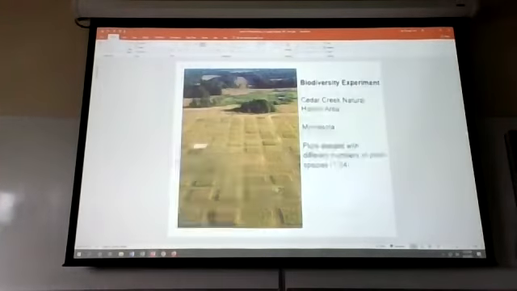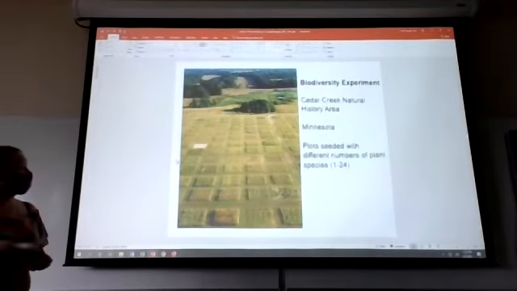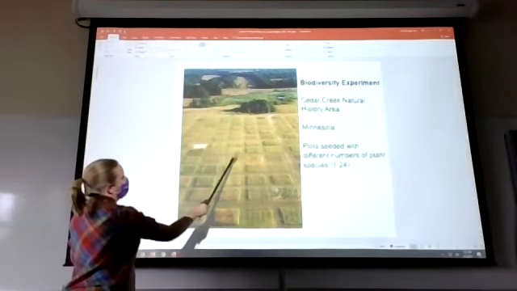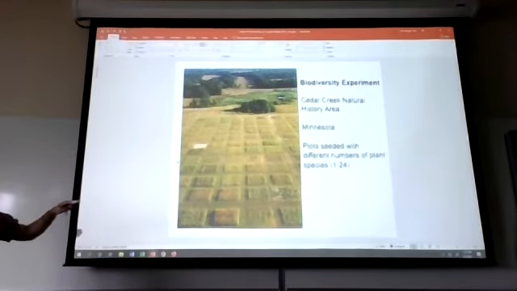Okay. So this experiment was done in Minnesota, in a natural grassland, and you can see all these plots. And different numbers of species were planted.